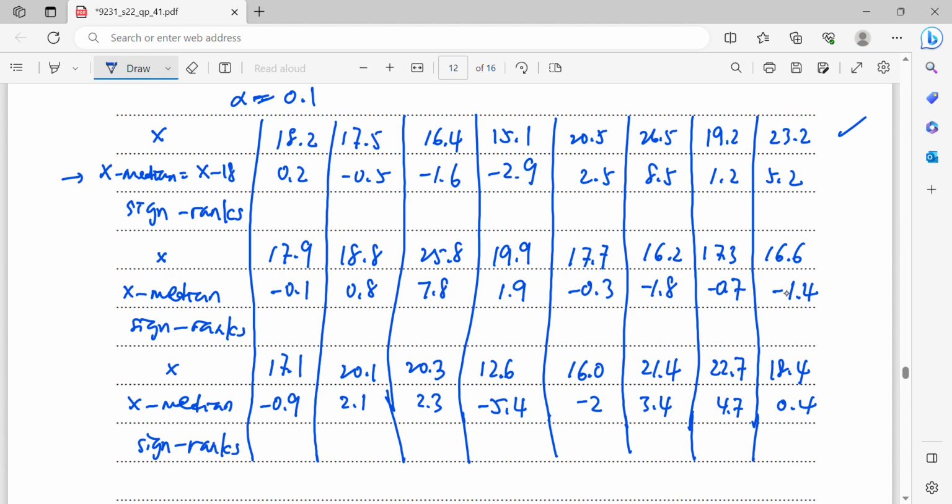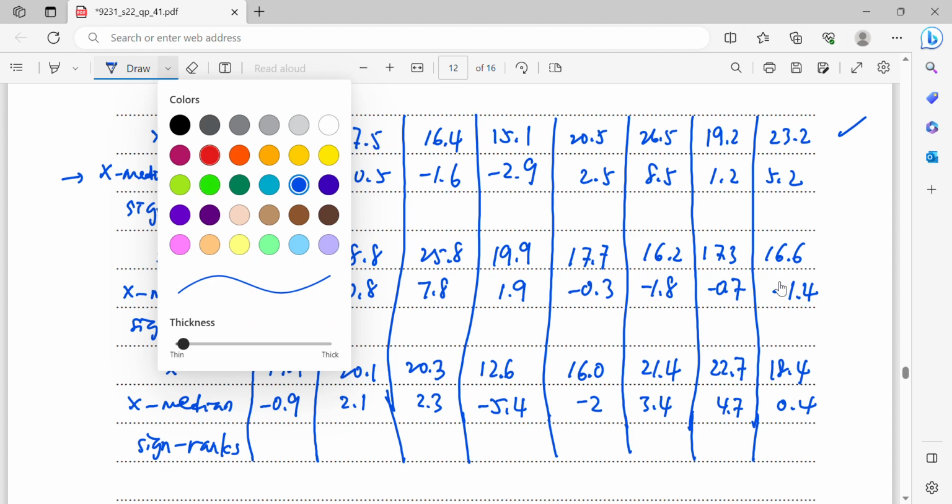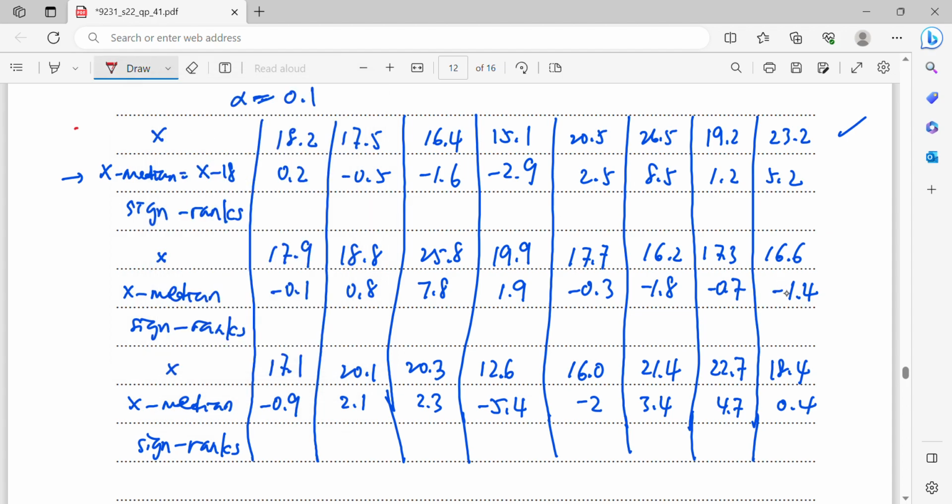Okay, so for the side ranks, this will be the important part that I will use a red color. Now you have to rank all the differences. So we will start with the smallest number.